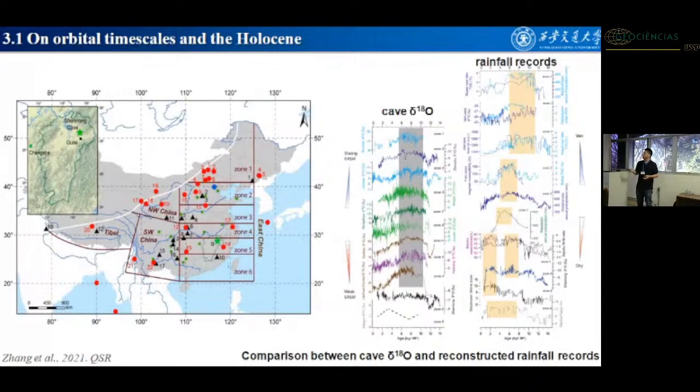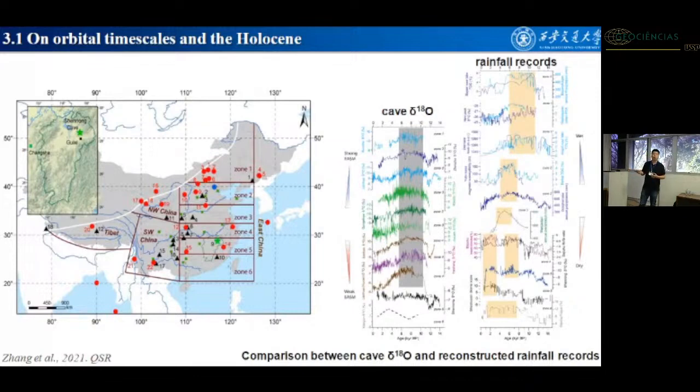We can see the δ18O records from north to south are almost similar, but in southeast China, the speleothem records are different. Other regions are similar, but for rainfall, we can see that for North China the Holocene optimum occurred in the early Holocene, but for South China it is in the late Holocene.